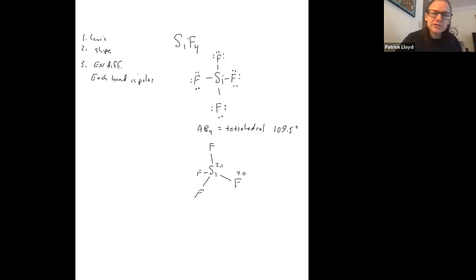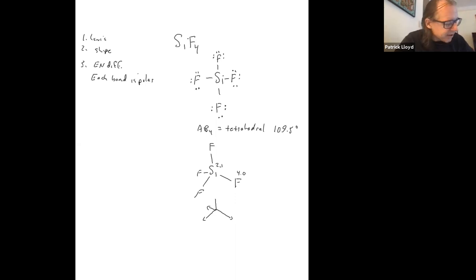But here's now what we do. We've got to add the vectors. So remember, the fluorine's more electronegative. So here's what you're going to get. You're going to get an arrangement that looks like this. I'm going to add these vectors together. Now that is not obvious. The question is, how do those 4 vectors add up together? It's not obvious.